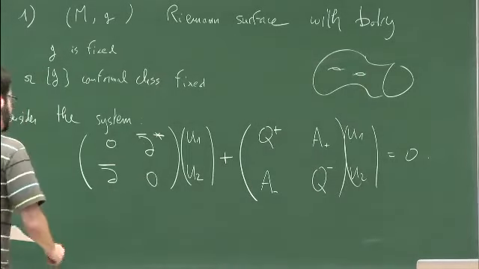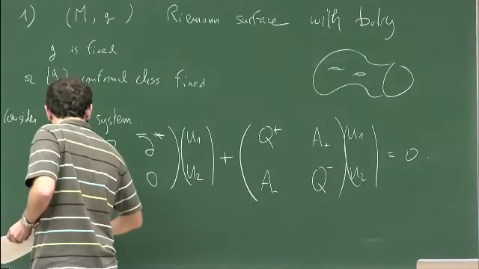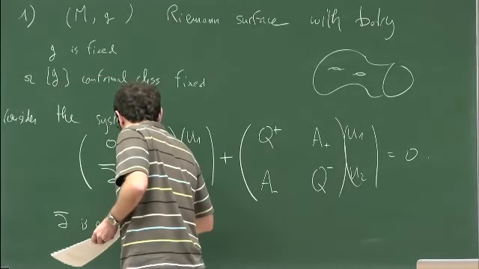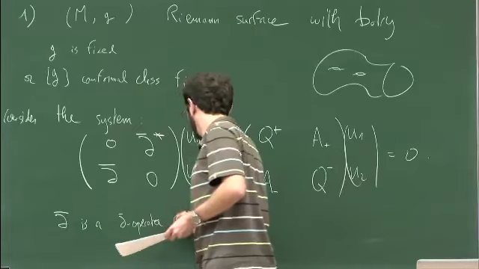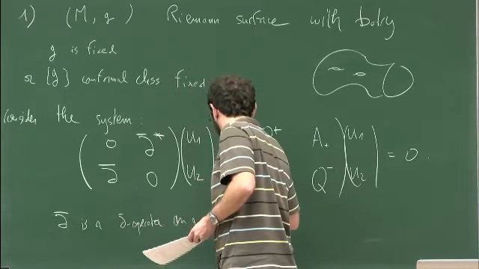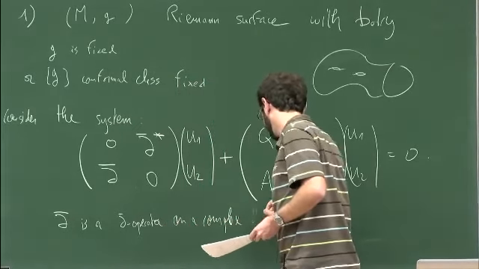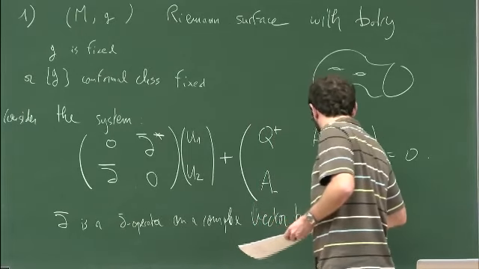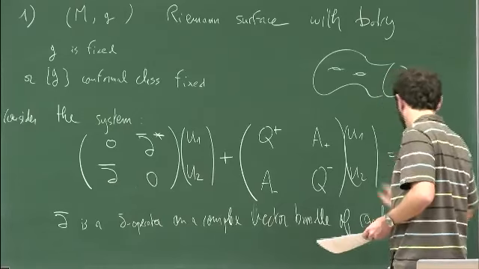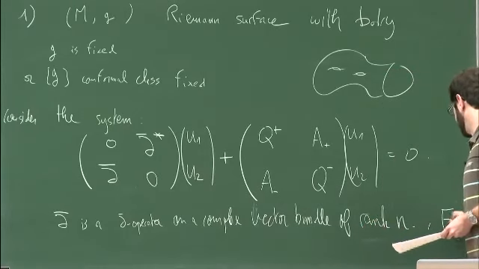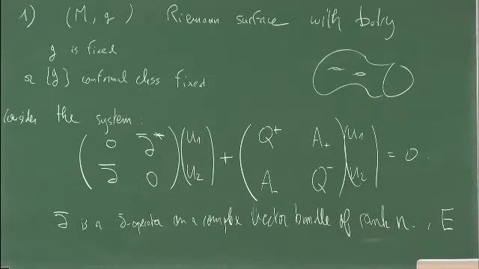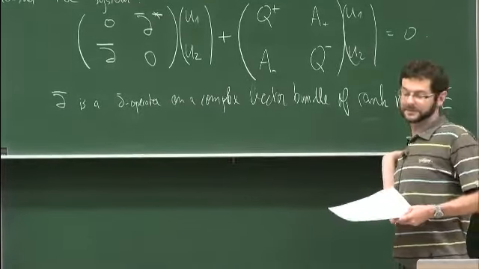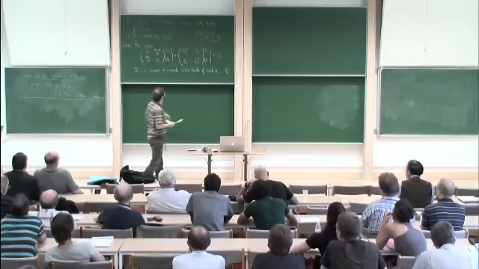So d-bar is just the d-bar operator associated to the complex structure on a complex vector bundle, let's say of rank n, which I will denote E. You may think of E as C^n over the manifold, but on a Riemann surface it's not necessarily C^n.